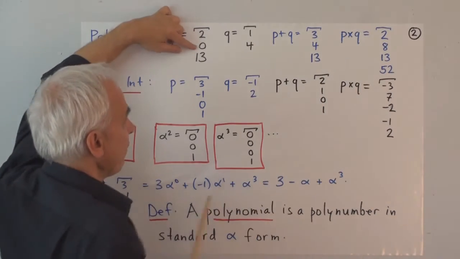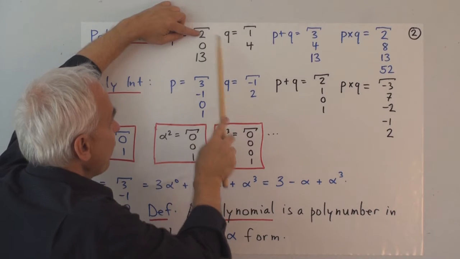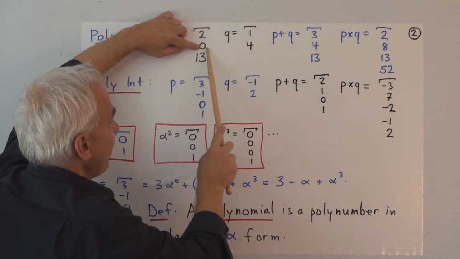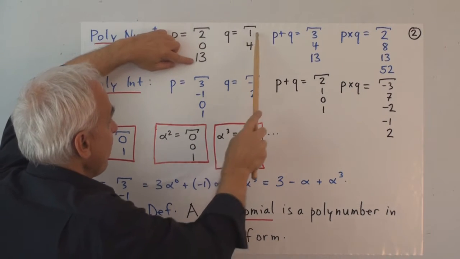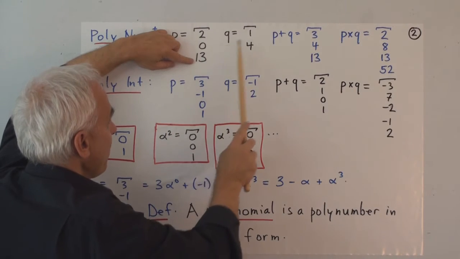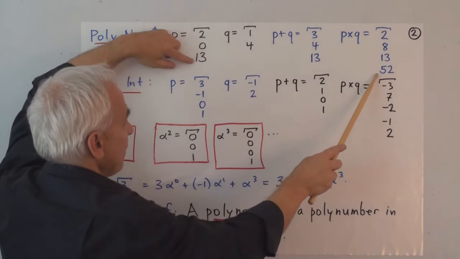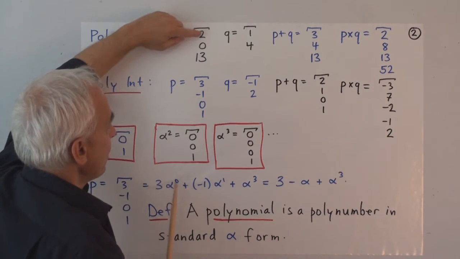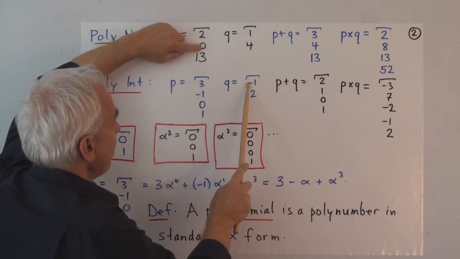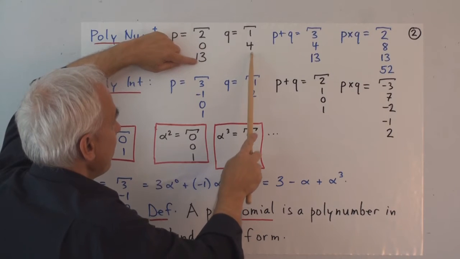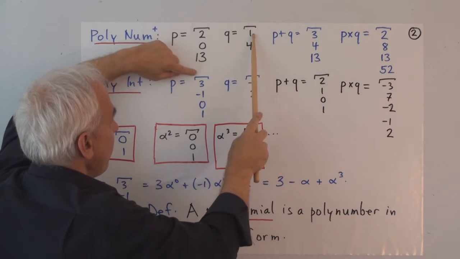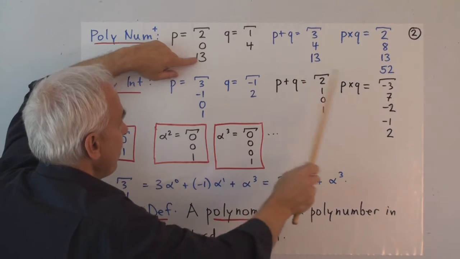At the next level, we take this times whatever is here, plus this times whatever is there, plus this times whatever is there. Well, the only one that's non-zero is 13. And at the next level, 2 times whatever is here, 0 times whatever is here, 13 times 4, 0 times 1. 13 times 4 is 52.